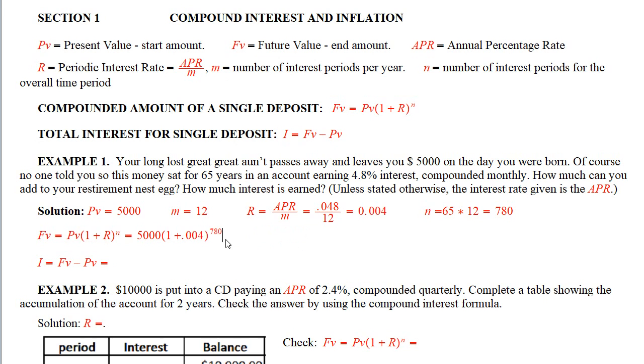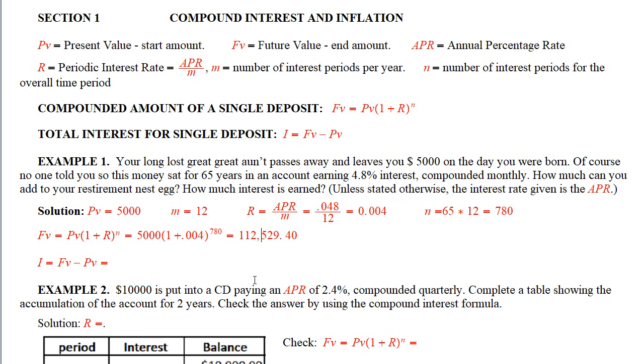Rounded to the nearest penny, that's going to be 40 cents. So you've got $112,529.40. That's a lot of money.